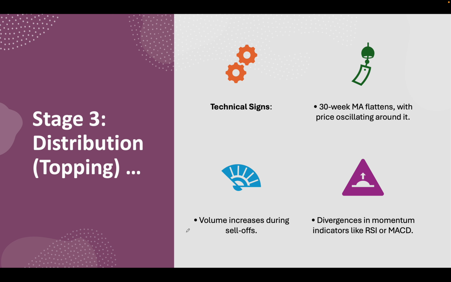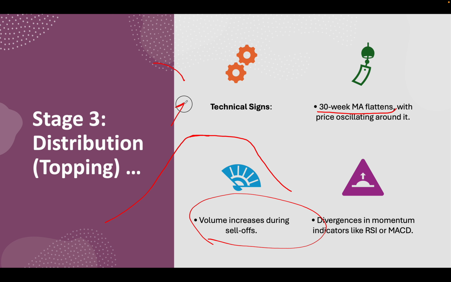So what are the technical signs of stage 3? The moving average flattens. This is your moving average EMA, and usually it starts flattening and then eventually it goes into a downtrend. Volume increases during the sell off. Whenever there is a little upward pullback, volume is down.